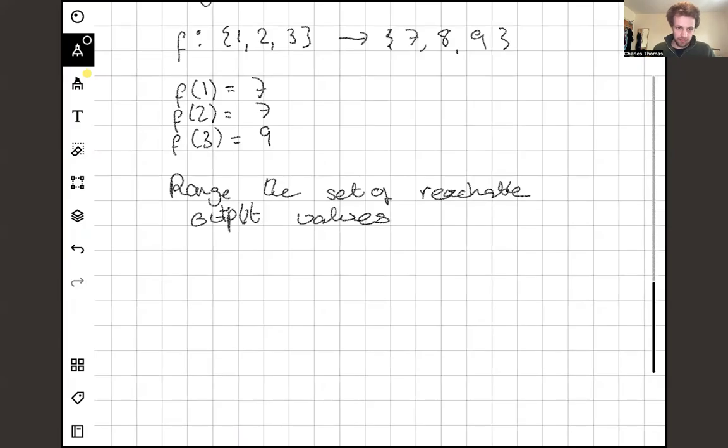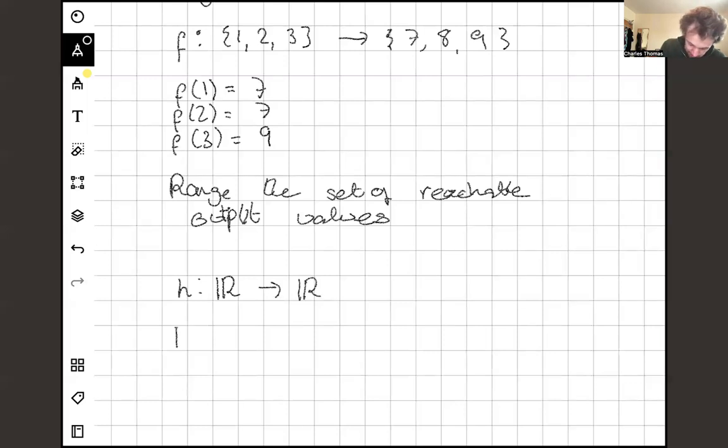So maybe to give one last example, if I define the function h from the real numbers to the real numbers, and I define it as h of x equals x to the 4.